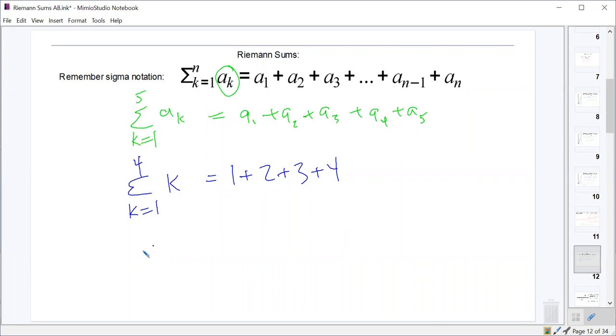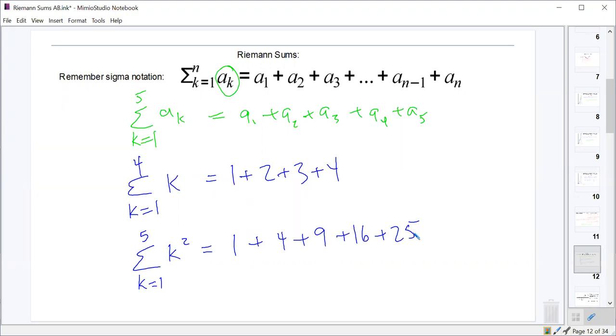If I said sum together from k equals 1 to 5 of k squared, that'd be 1 plus 4 plus 9 plus 16 plus 25, right? That'd be 1 squared plus 2 squared plus 3 squared plus 4 squared plus 5 squared. Good or no? Good.